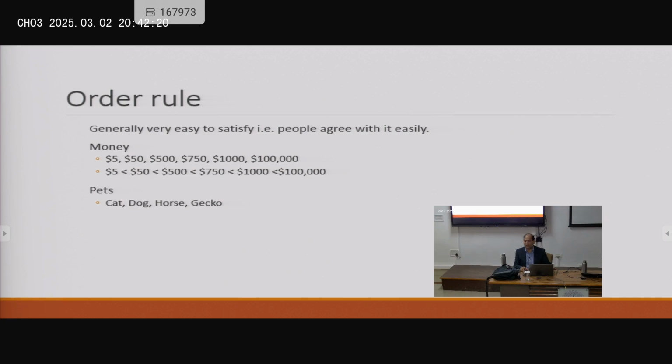We're not trying to be descriptive, since people sometimes make inconsistent decisions. This is a normative approach of making decisions. Anybody prefer a gecko here or no? You're allowed to rank them however you want, so nobody can question why you're ranking it like this.